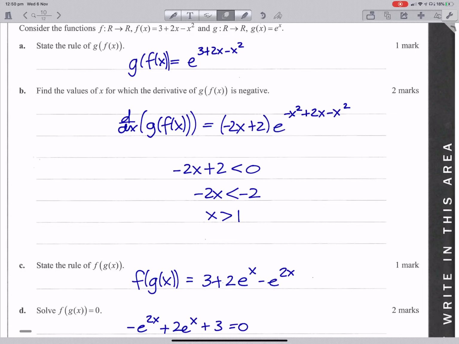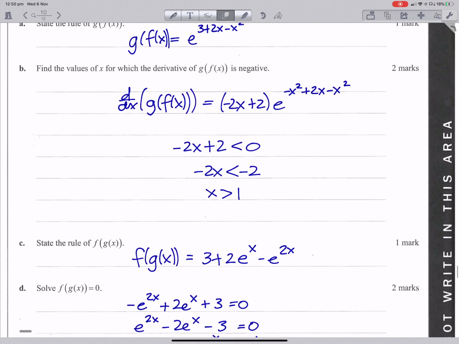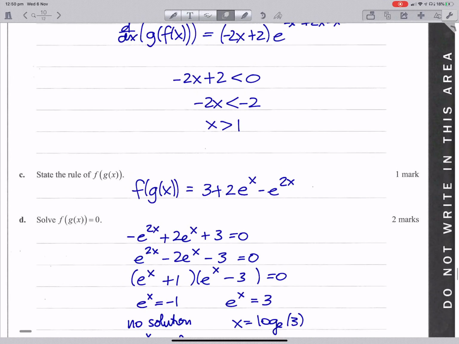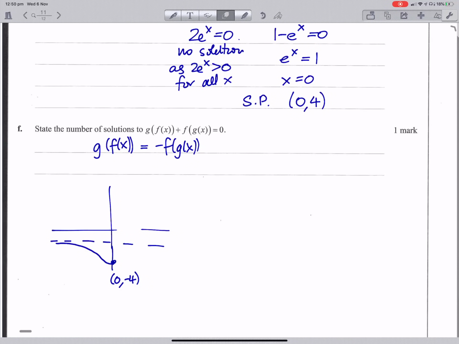When x is greater than 1, this has a negative gradient. So when x equals 1, it's got to be positive here, then negative here.